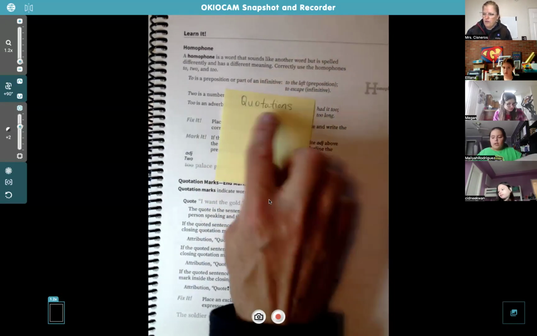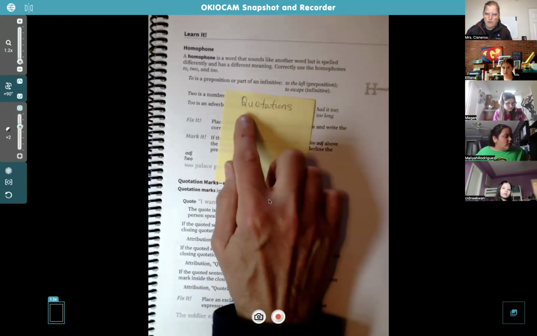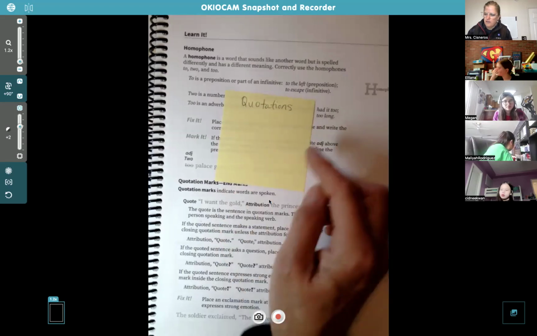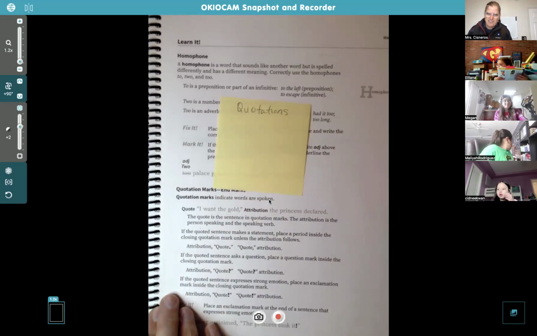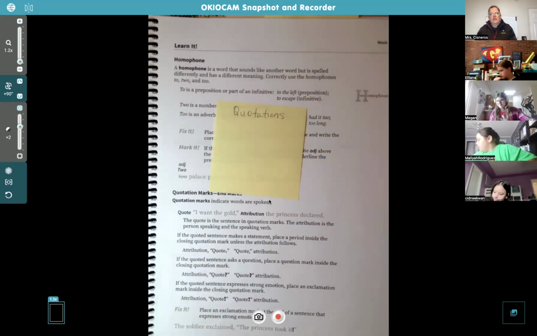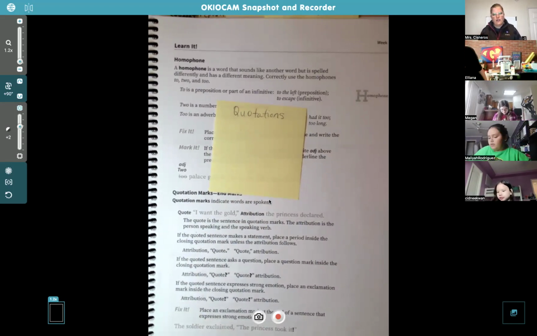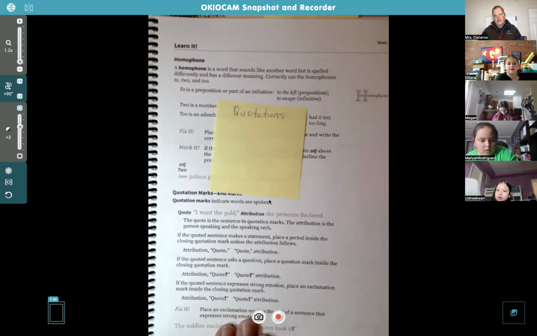If you do, and maybe you already have this one marked, I don't know, but let's write quotations on here and mark this page 67, because that's going to help you when you get to the speaking part of your stories, because I love that your characters, the camel and the guy, are talking to each other. And I love that. So I want to make sure you're ready and that you know how to set up a quote. Okay, a quotation.